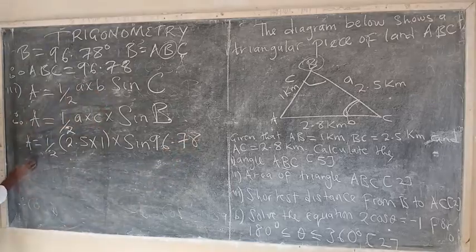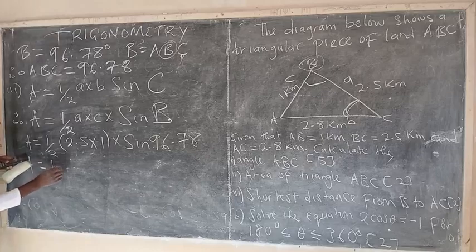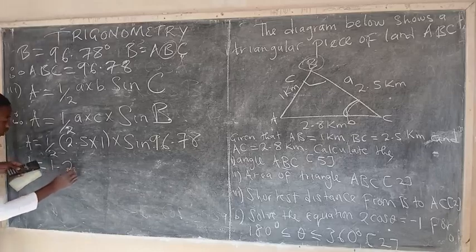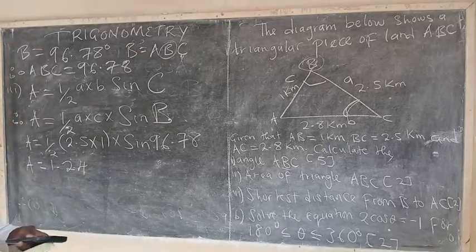So our area is found to be 1.24. So this is our area for this triangle.